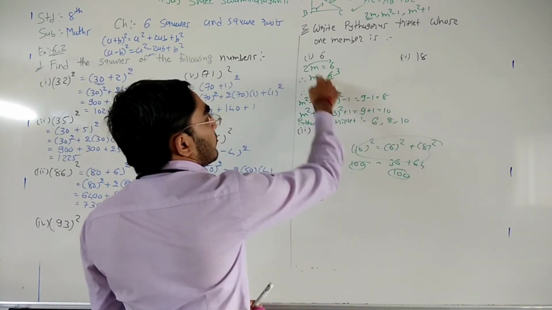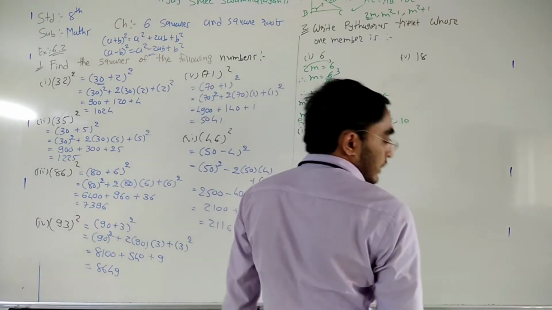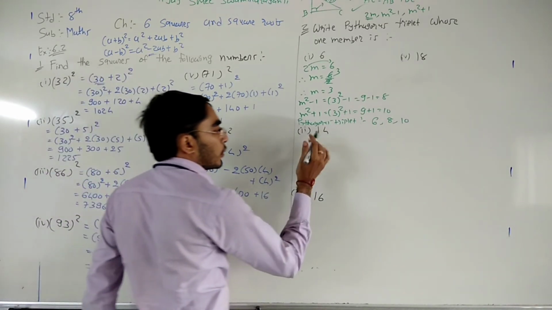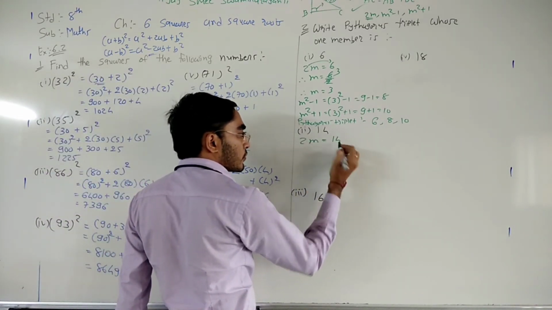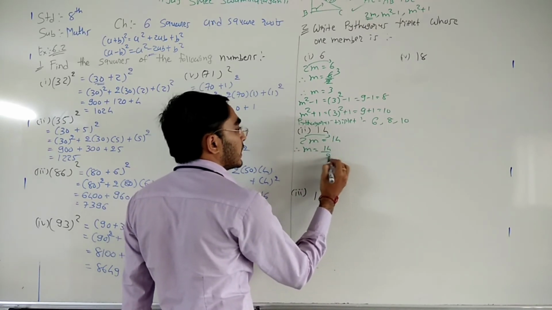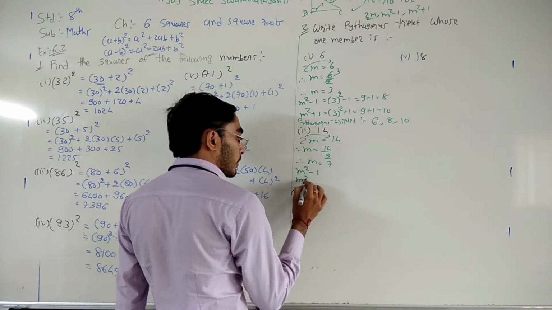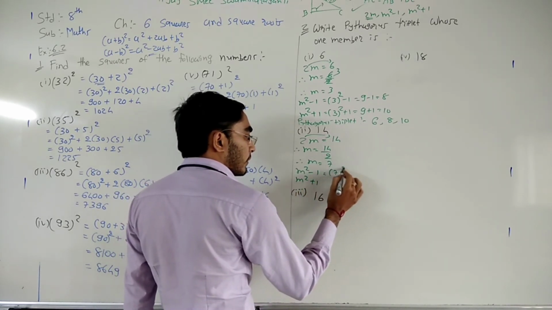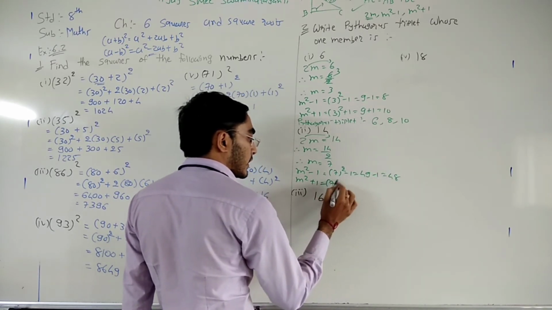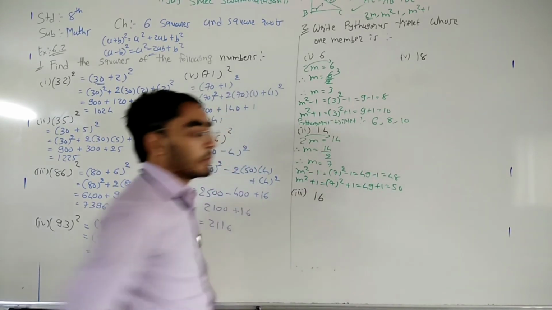First of all, we need to find the value of m. After that, put the value of m here. We will get the value of the other two sides. Okay. Here the given side is 14, so 2m is equal to 14. Now transfer this 2, so m is equal to 14 by 2, m is equal to 7. So m square minus 1, m square plus 1: 7 square minus 1 is 49 minus 1, 48, and 7 square plus 1 is 49 plus 1, 50.